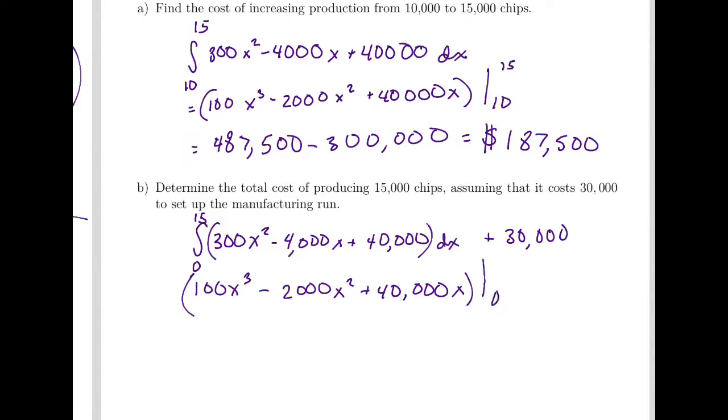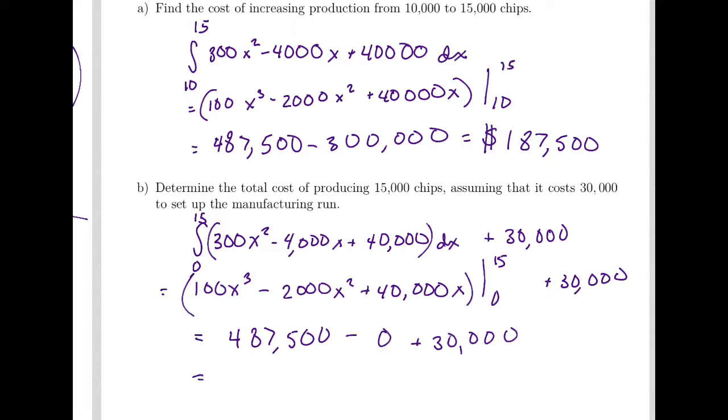And you're going from 0 to 15, and then eventually you add the 30,000 in, which is going to be equal to that 487,500 minus, and then when you plug in 0, you get 0, plus 30,000 for that initial cost, which means the total cost is going to be $517,500, I believe.